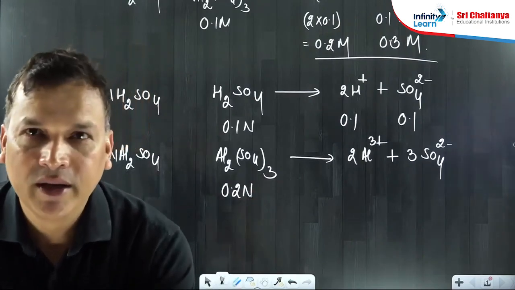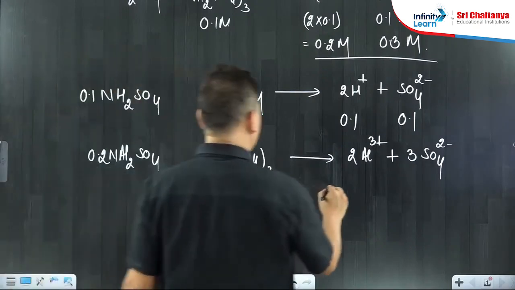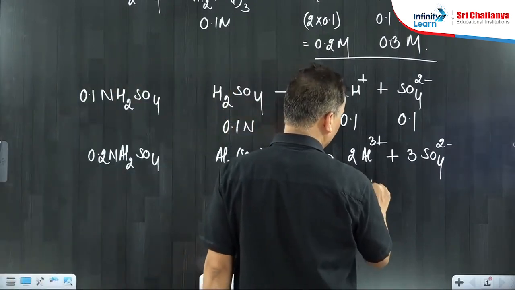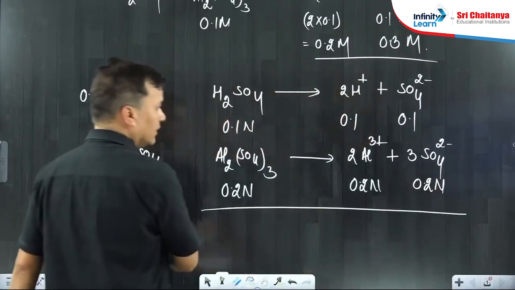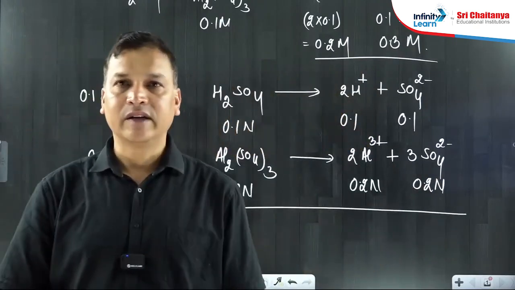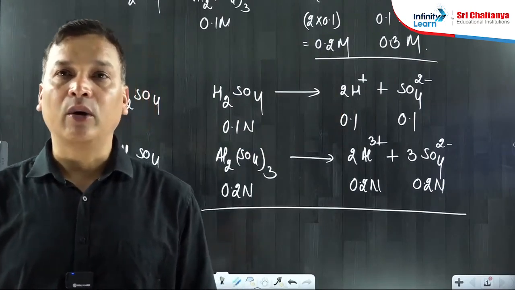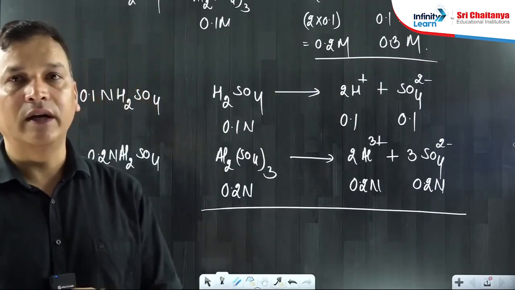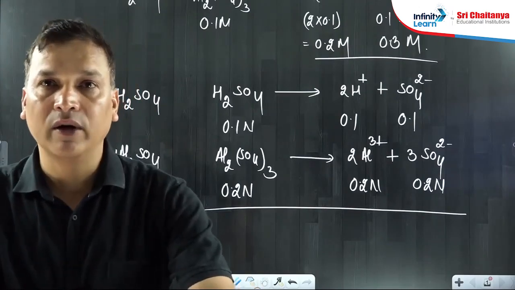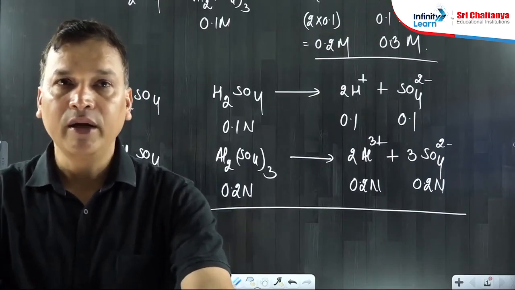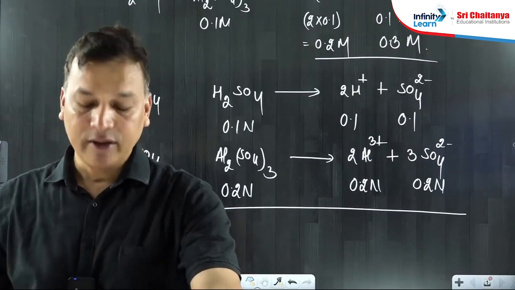So will you tell me what will be the normality of the aluminium 3 positive ion? Let me write here, 0.2 normal. This is important to understand. Once again I am repeating, whenever we talk in terms of gram equivalent, the ratio of gram equivalents will always be 1:1:1. There will be no multiplication with the stoichiometry. Is that clear?